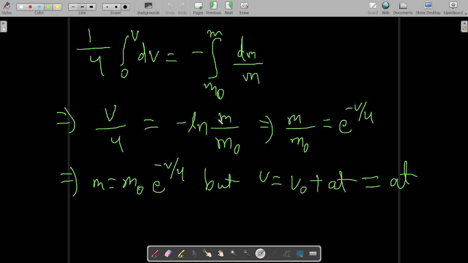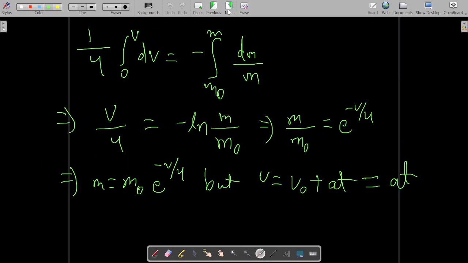And how did the transition take place from this step to this step? Did you understand? M by m naught will be as it is. ln m by m naught means log to the base e. Then this minus sign you took here, e to the power minus v by u will be equal to m by m naught. That is how you have done it.